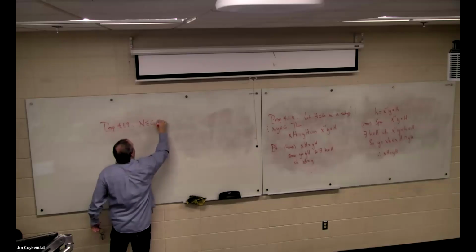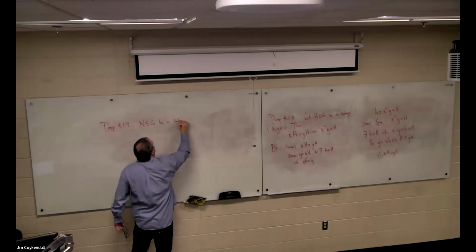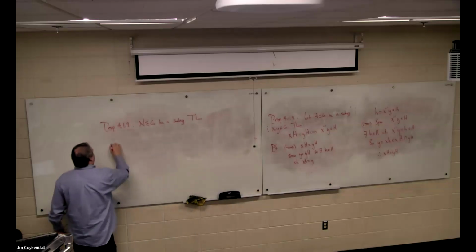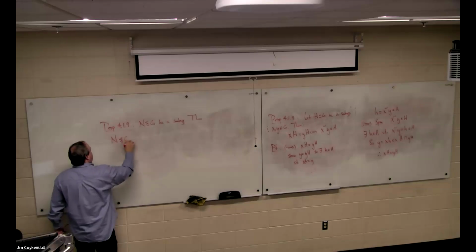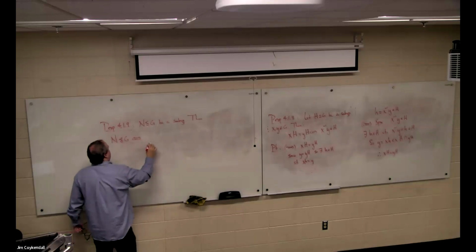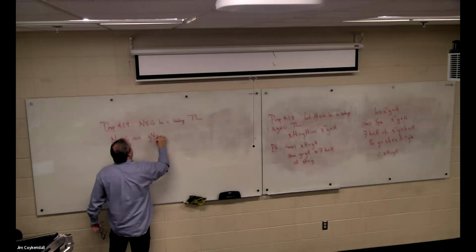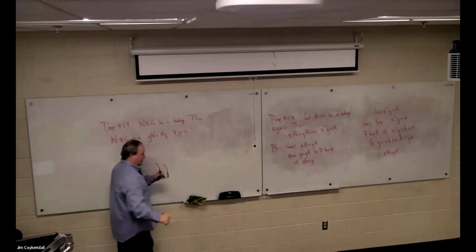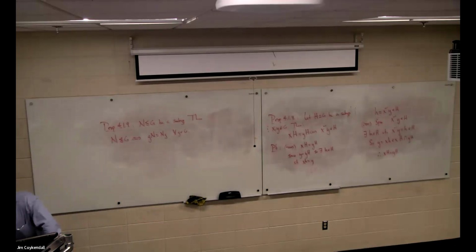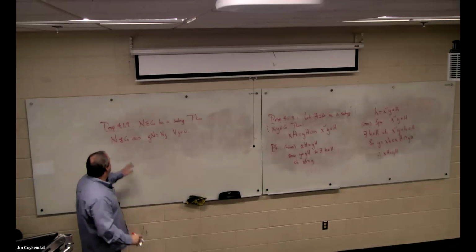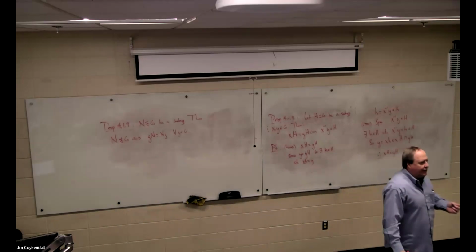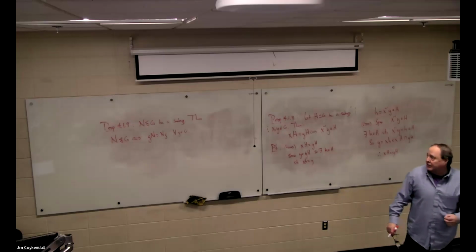Let N be a subgroup of G. Then N is normal in G if and only if gN equals Ng for all g in G. So this is a big one, because what this says is a subgroup is normal if and only if every left coset is actually a right coset.